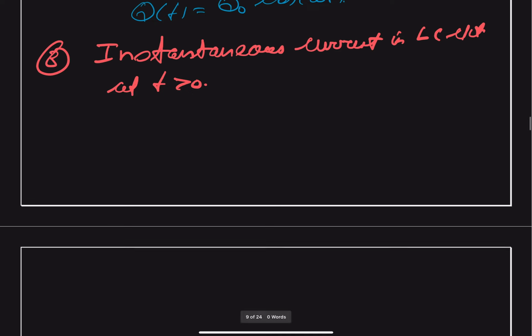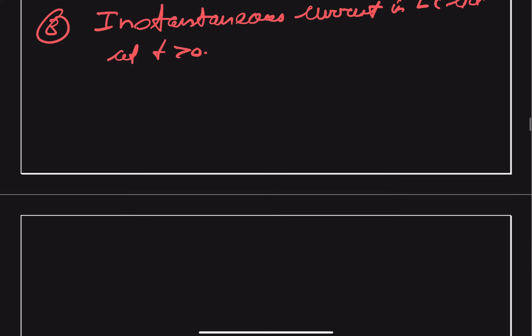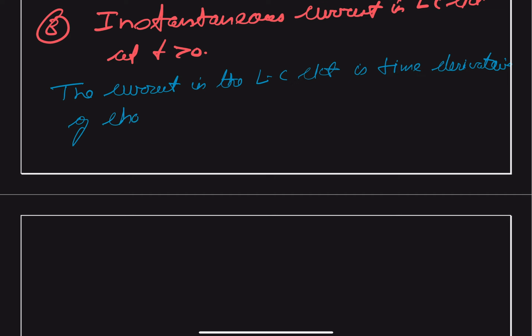We just found out that the current in the LC circuit will be the time derivative of the charge. So we can say our current I of t will be equal to minus dq upon dt.